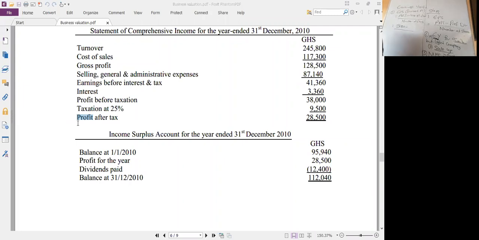Then we go and pick the irredeemable preference dividend. If there's no irredeemable preference dividend, just pick the profit after tax and divide by the number of shares. You only bring in irredeemable preference shares if you have them in the question. And indeed here we have.